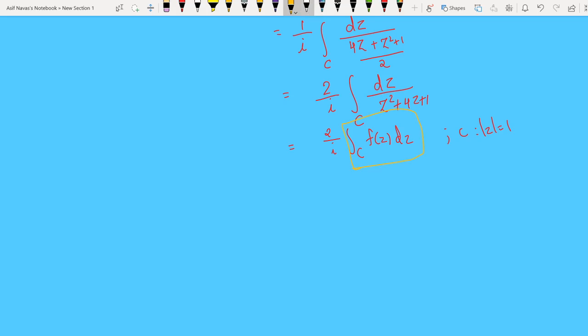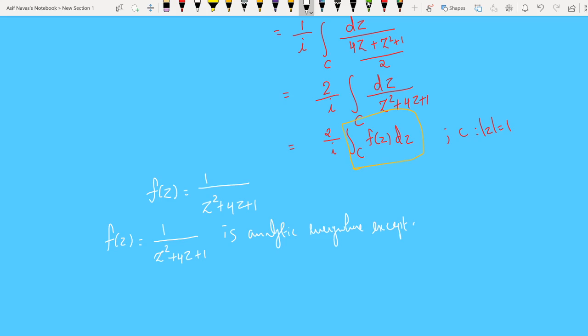To find that integral, our f of z is 1 by z square plus 4z plus 1. Now tell me, what is the singularity here? Anybody? The roots of this polynomial. Here f of z is analytic everywhere except where the denominator becomes 0.